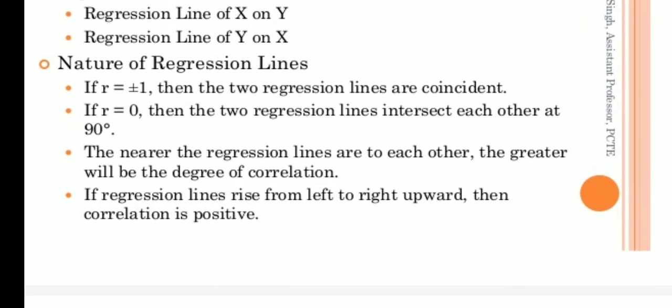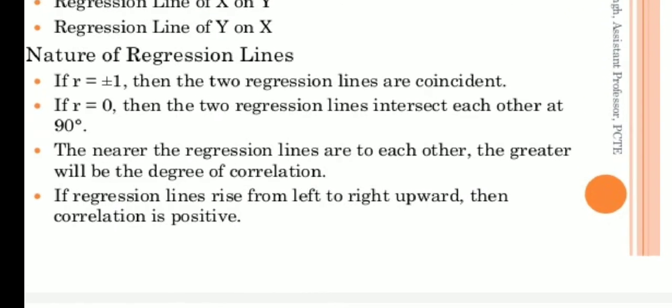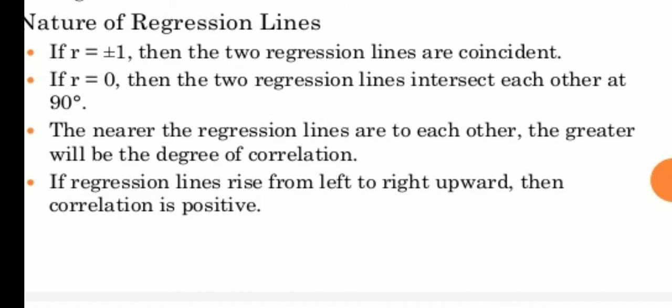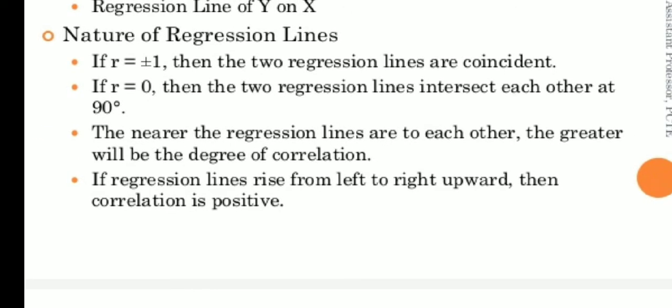Next, nature of regression lines. If the correlation r equals plus or minus 1, then the two regression lines are coincident. If r equals 0, then the two regression lines intersect each other at 90 degrees.